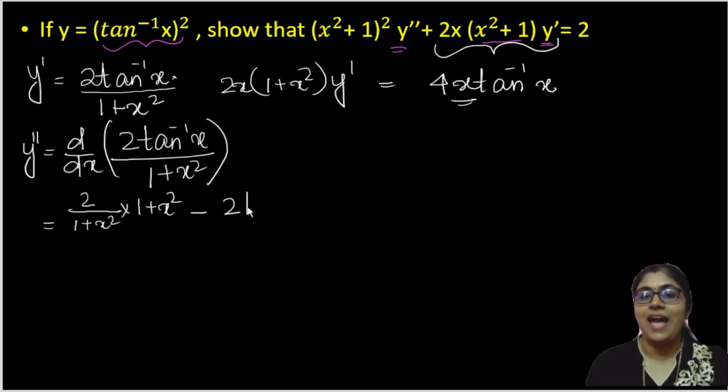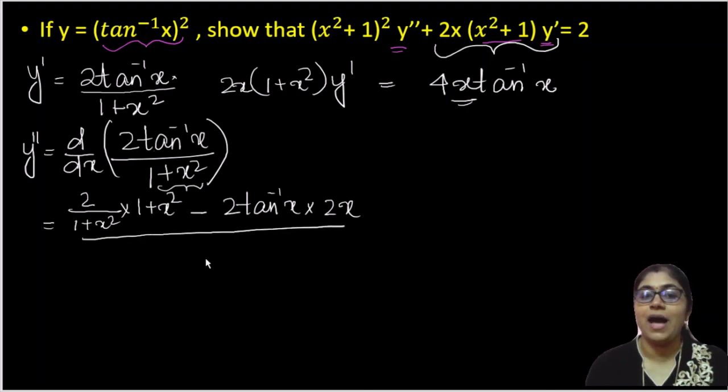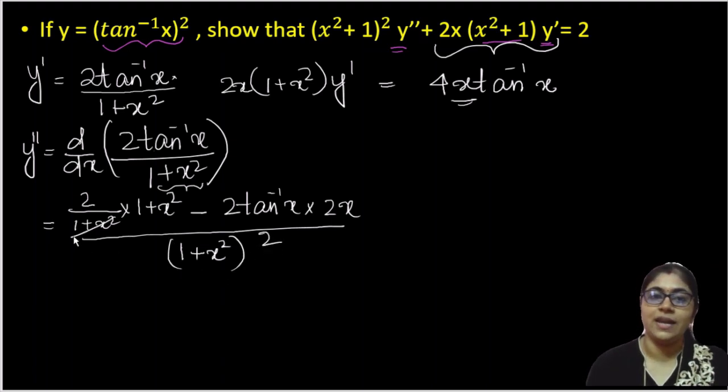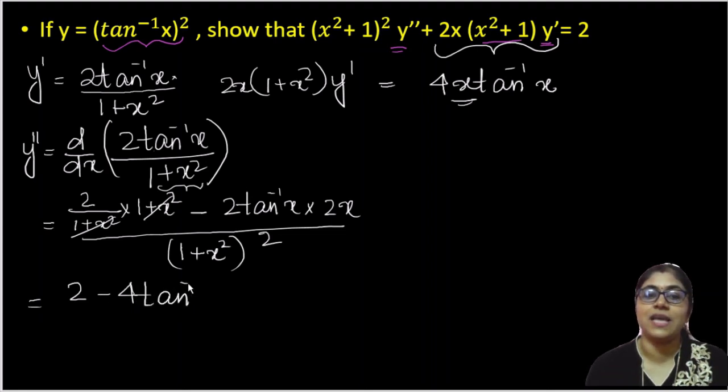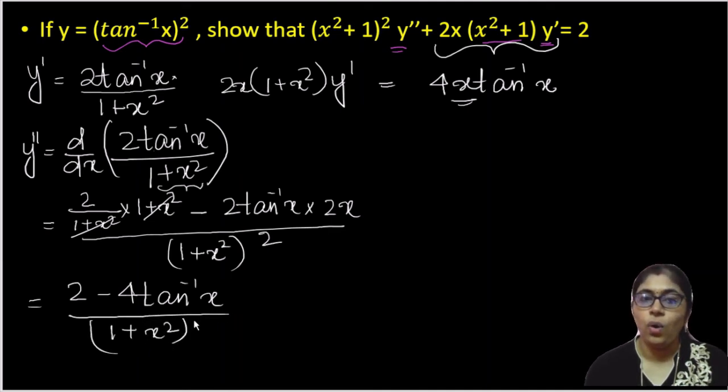So 2 tan inverse x, and v dash is the derivative of 1 plus x square, that is 2x. So this is divided by v square, that means 1 plus x square whole square. So here it will be cancelled. So this is 2 minus 4x tan inverse x divided by 1 plus x square whole square.